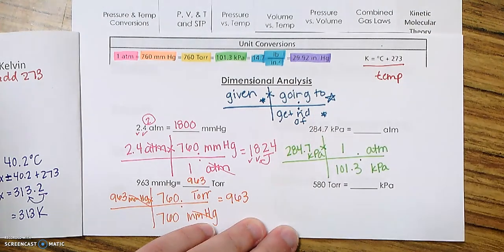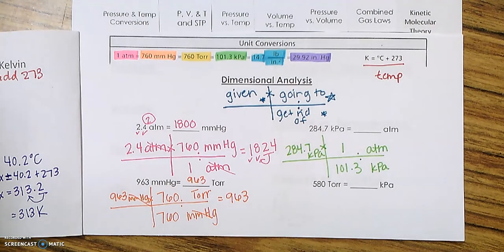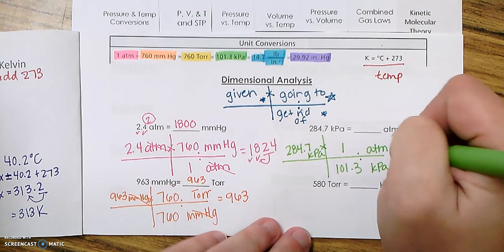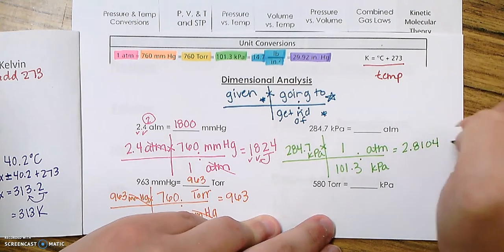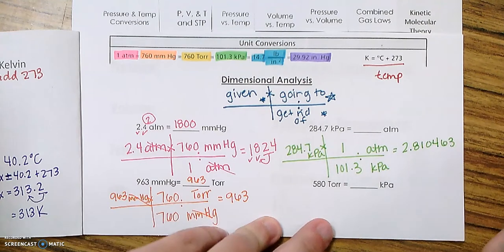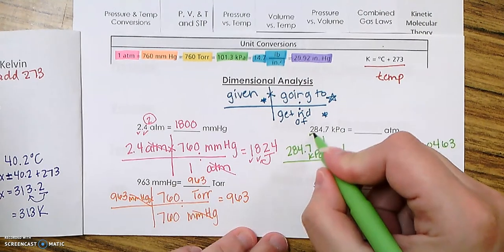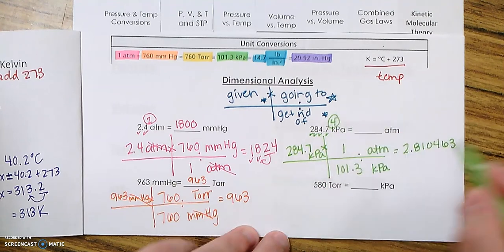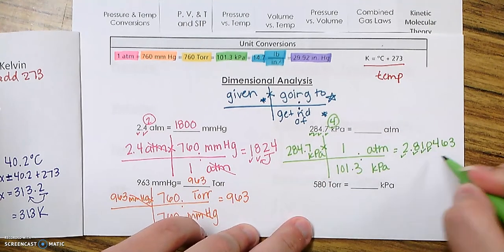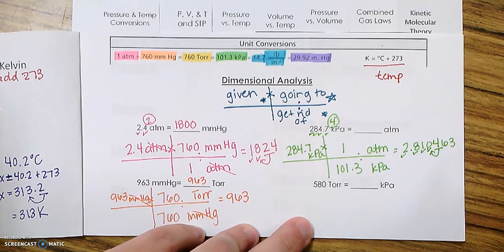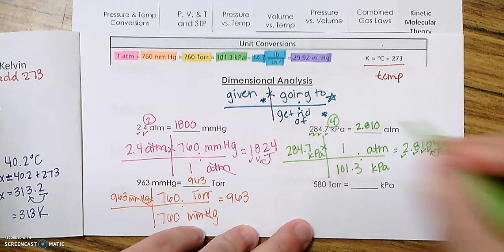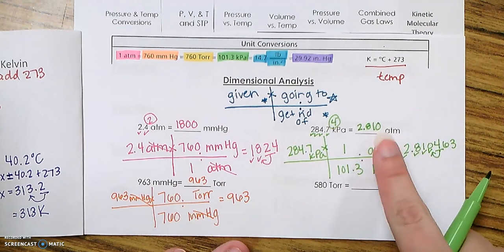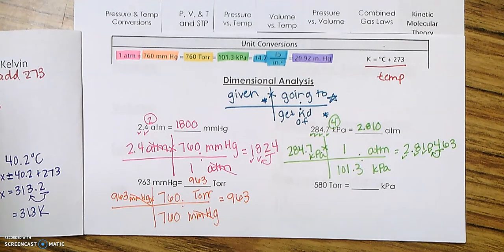Multiply across, divide down. And let's see what we got. We get 2.810463. I can have 1, 2, 3, 4 sig figs, so I'm going to need 4 sig figs. What does that 4 do to that 0? Nothing. So 2.810. That 0 is significant, so make sure that it makes it into your answer.